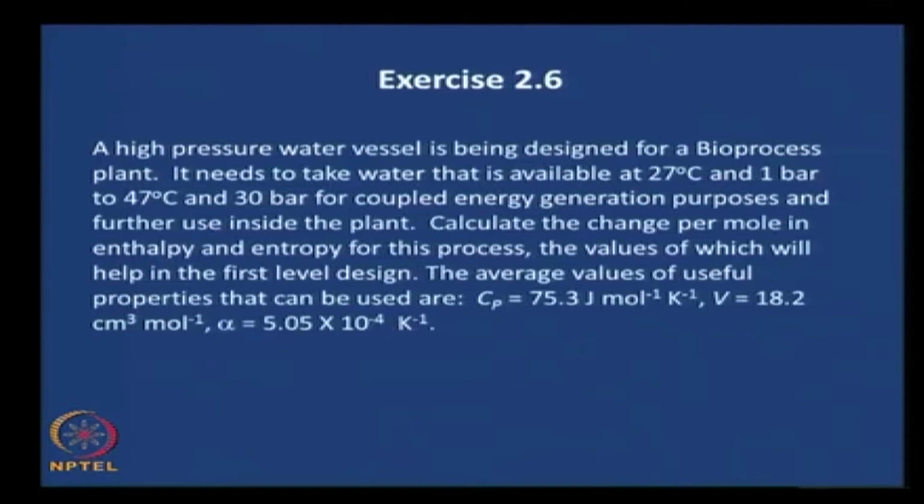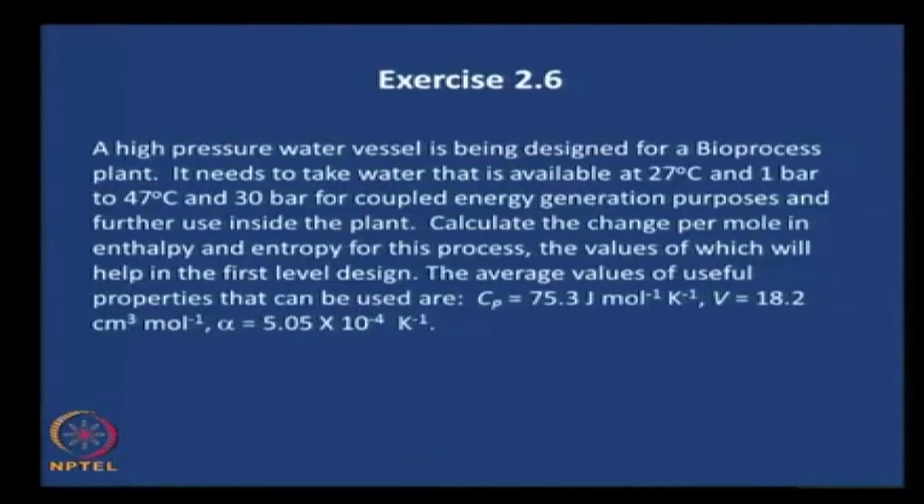Now that we have the expressions for the variations in enthalpy and entropy of 1 mole of a pure substance in terms of T, P and other easily measurable variables, we will look at an exercise where we can get more comfortable with the use of those equations. As earlier, I am going to present the exercise, then I will give you some time, maybe 10 minutes, to work things out, first think through it.